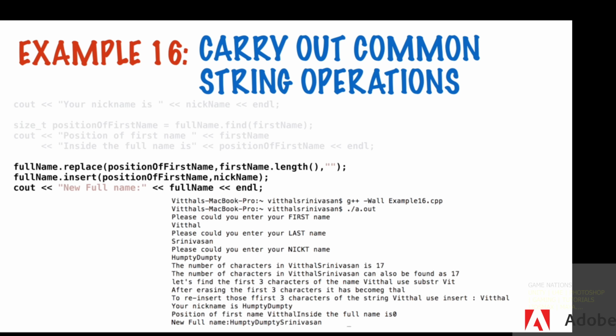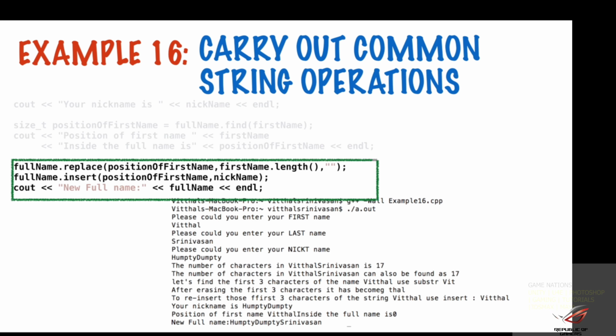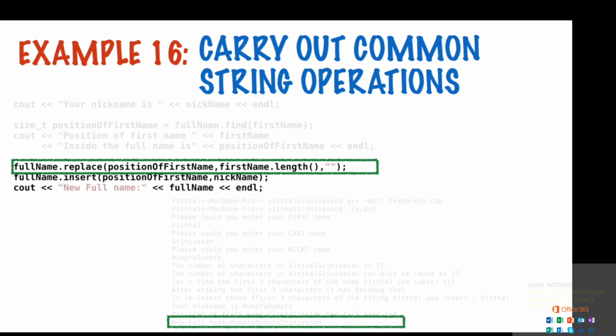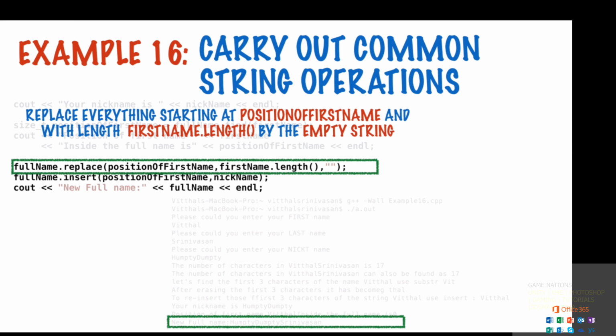This now gets us to the most interesting part of this little search and replace operation. There are a whole bunch of ways in which I could have accomplished this. The way I'm going to do it is by first replacing every character from my first name with a blank character. This has the same effect as calling erase on the full name, and then reinserting the nickname into that position. Okay, let's break that down.